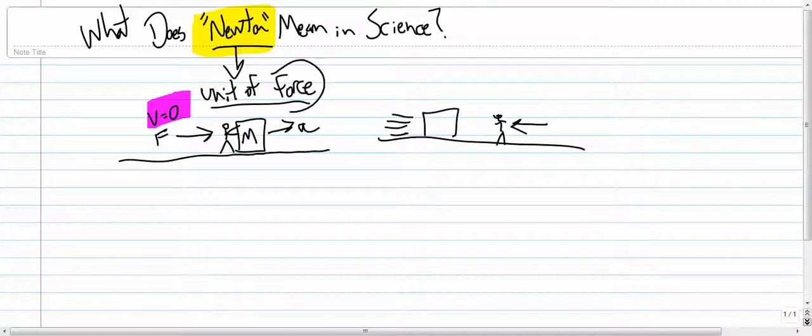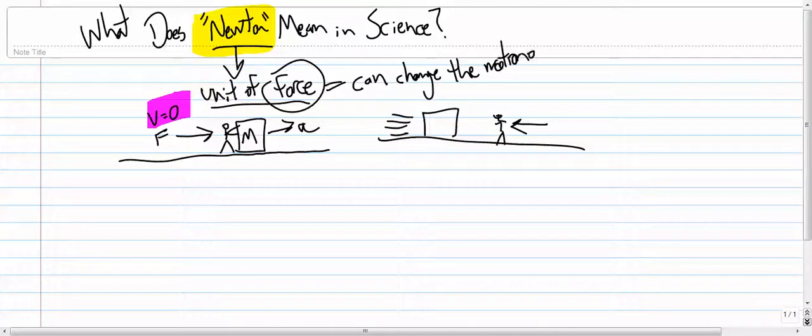So basically, what forces do, and they don't have to do this, but they can, is change the motion of objects. And if force is balanced, then you might not have any motion at all. So that's why I say forces can change the motion of objects. They don't have to, but they can.